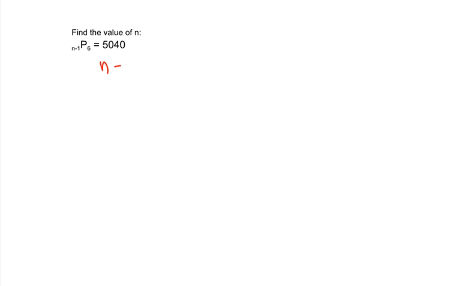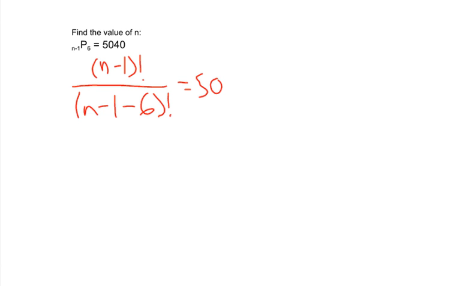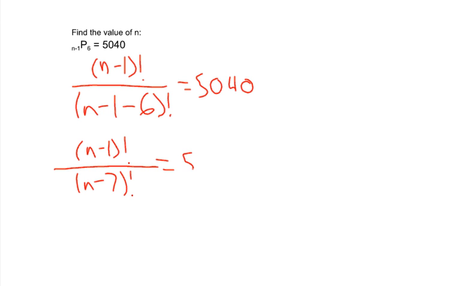On the top we have n minus 1 factorial. What do we have on the bottom? N minus 1, and we're going minus 6 factorial equals 5040. So this is the same as n minus 1 factorial over n minus 7 factorial equals 5040.